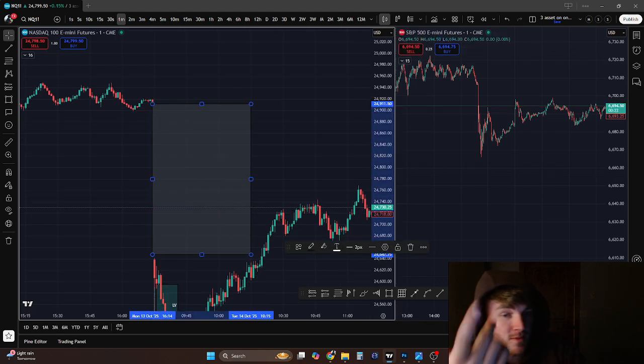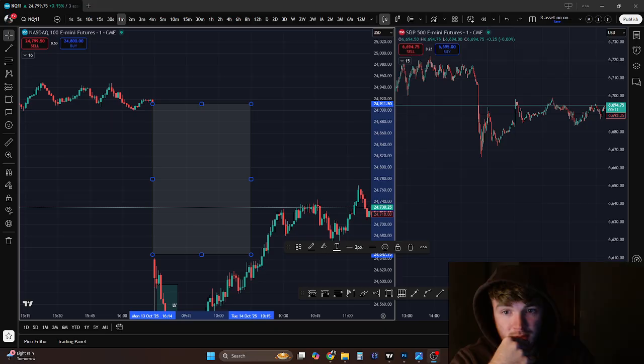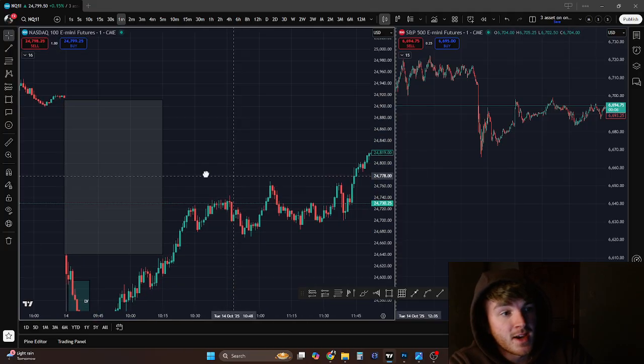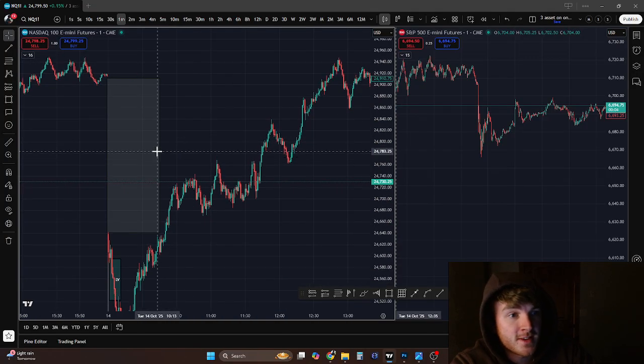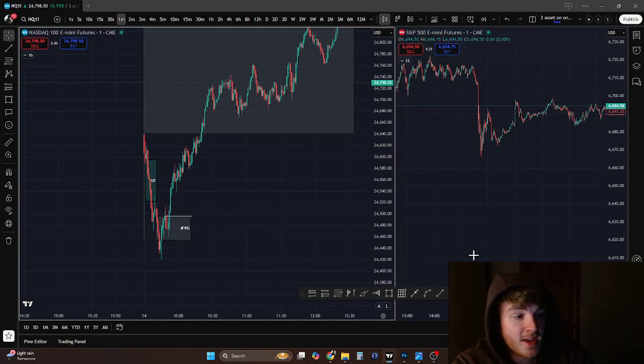By the way, if you don't remember, go to the bottom right of your screen and switch this from ETH to RTH, and it's going to switch your chart so you can actually see where the gap is. Then drag this over, and this is going to be an amazing draw on liquidity.